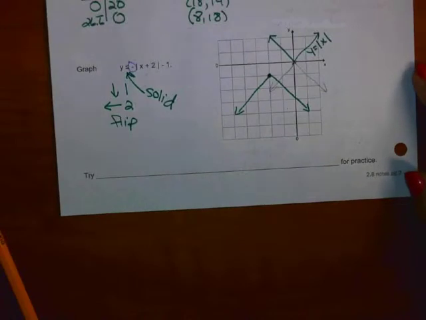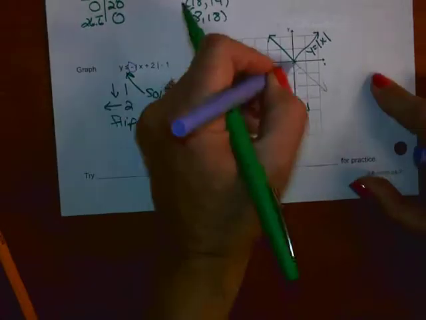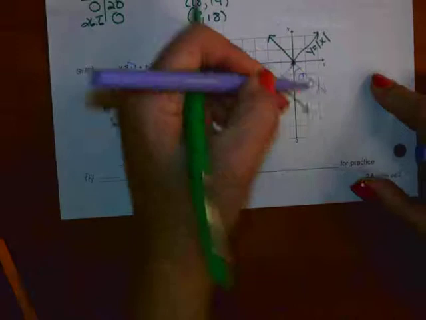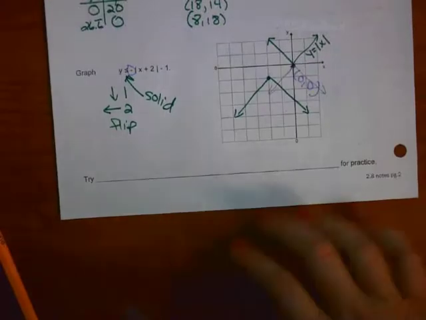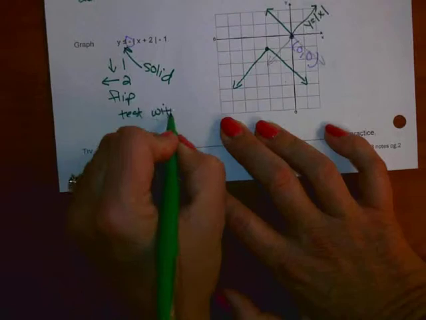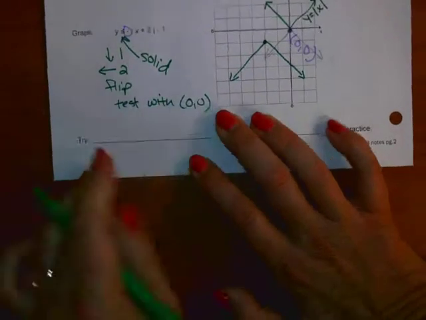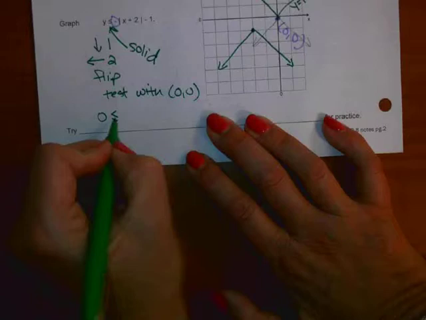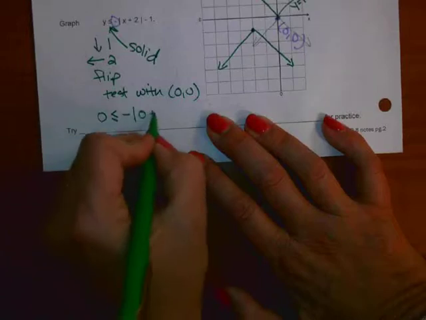There's a whole set of ordered pairs that will work, and there's a set that won't. So again, you can test with 0, 0. So plug in 0.